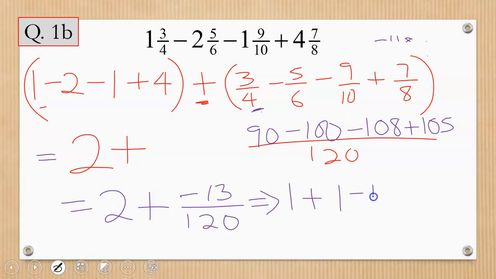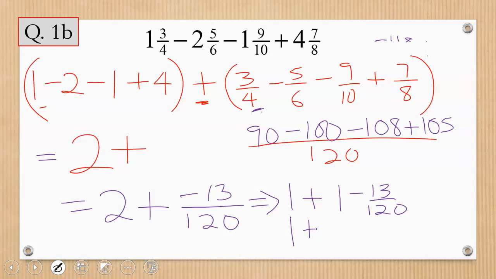And then the 1 minus 13 over 120 can be simplified. That is very easy because I'm just going to use the LCM, which is 120. And then I have my 1 plus. Now 1 minus 13 over 120 can be done easily.